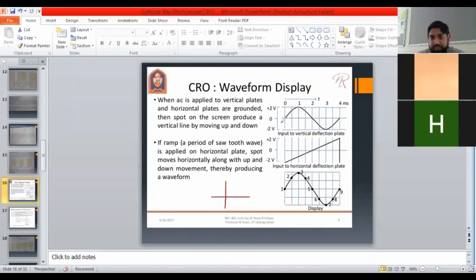Now remember, AC signal is offering varying EMFs. It's providing 0 volts, 1 volt, 2 volts, then again 1 volt, 0 volt, -1, -2, -1, 0. So the AC signal is applied to the Y plates. What will I see on the screen, on the grid?